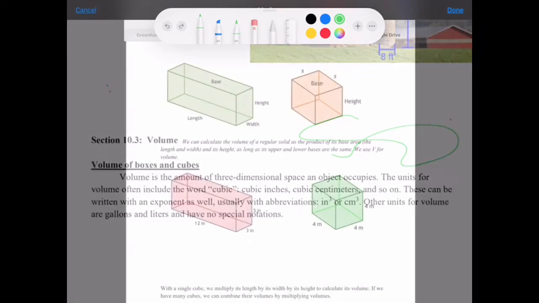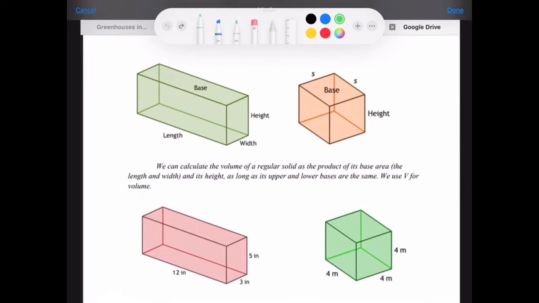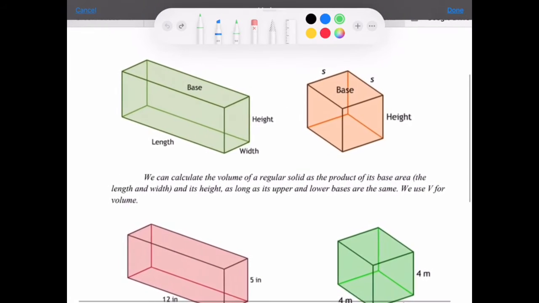All right, moving on, here we have a prism and a cube in front of us. So it says we can calculate the volume of a regular solid as the product of its base area, the length and width, and its height. As long as the upper and lower bases are the same, we use V for volume.